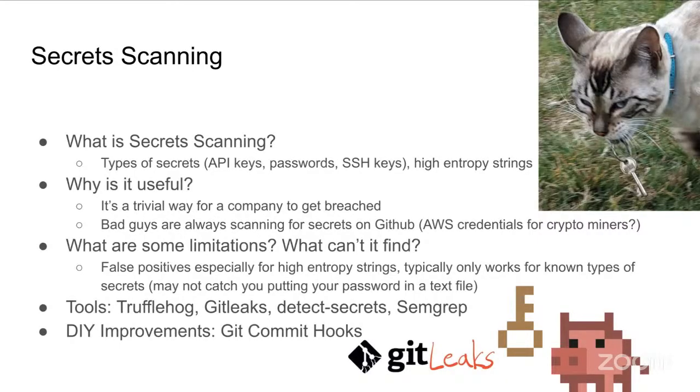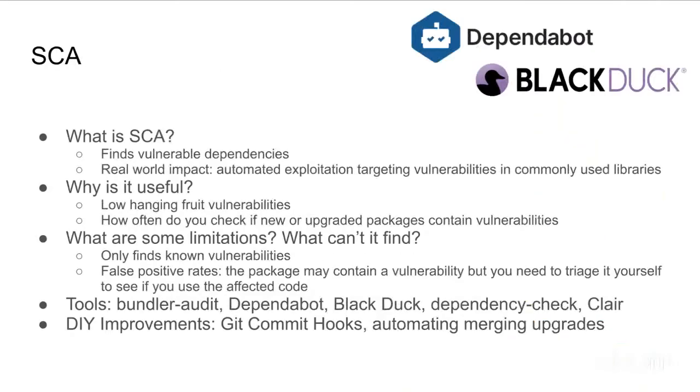So a lot of them work by flagging high entropy strings, strings with a lot of varying complexity in their character sequence. Sometimes that's a valid API key, but sometimes it could just be a really long function name. So the challenge is they have a lot of false positives. You can tweak the rules or just make developers aware of that.